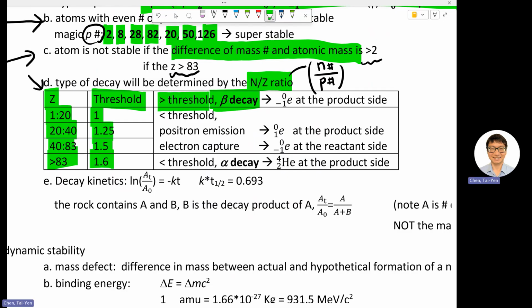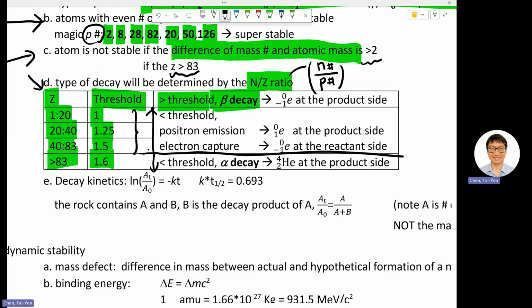So what if it's smaller? Then depending on the group, you have a different response, and the response is also pretty simple. If Z is smaller than 83, you can see there's a cut here. The top 3 groups all give you the same response.